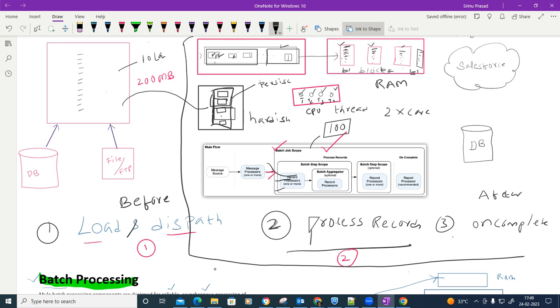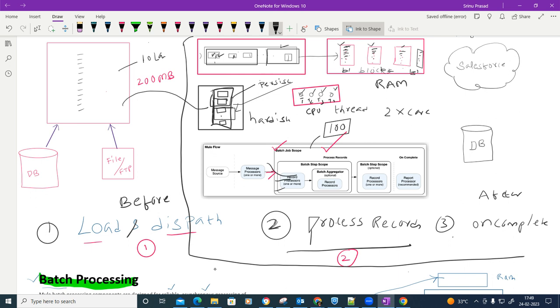Likewise, for each record inside this block, it executes step one. After it finishes all the 100 records, block one moves back to your hard disk persistent queue. Likewise, these four blocks are executed concurrently. It's not like after block one comes block two, because separate threads execute these blocks. Maybe T3 executes block three first, and block three may come to the persistent queue first, or block four might have completed first.